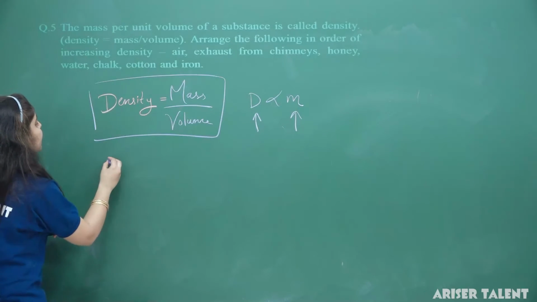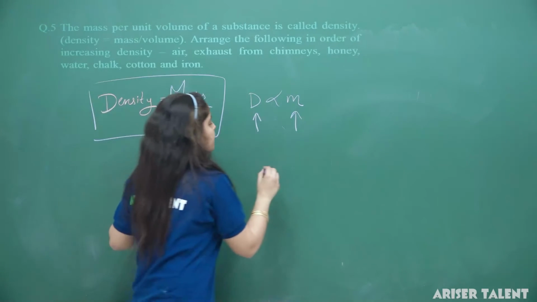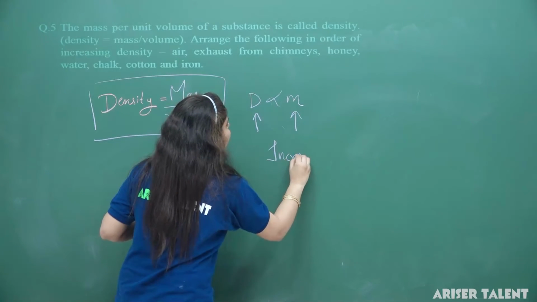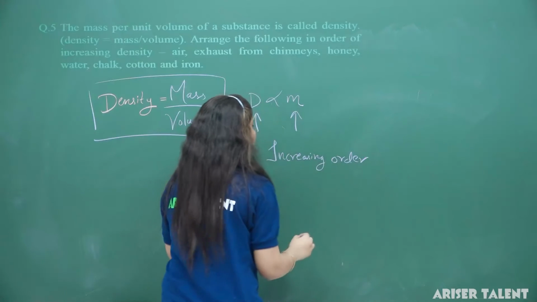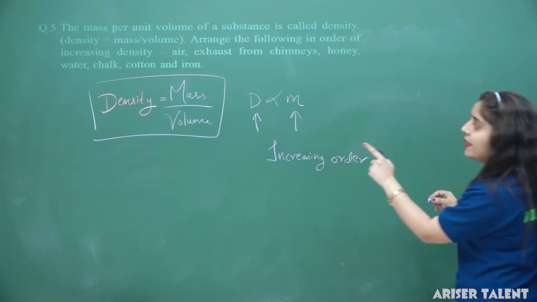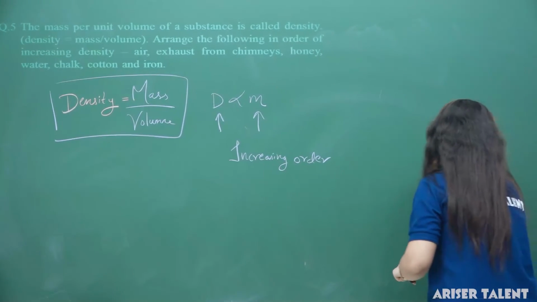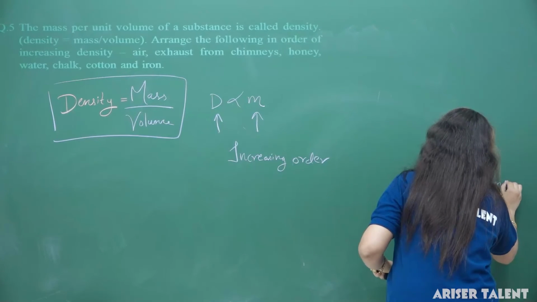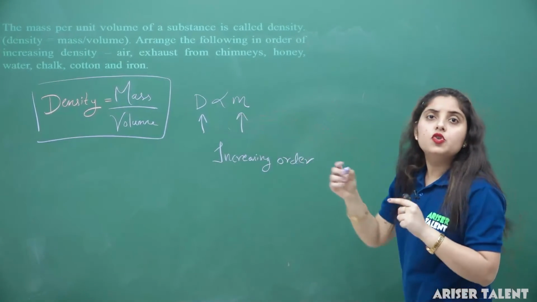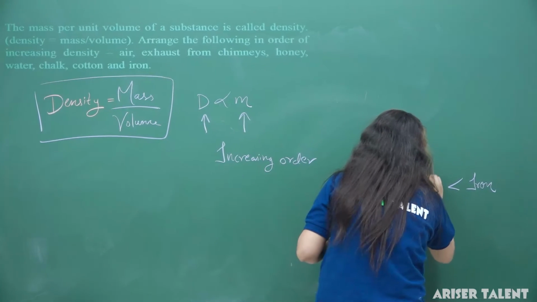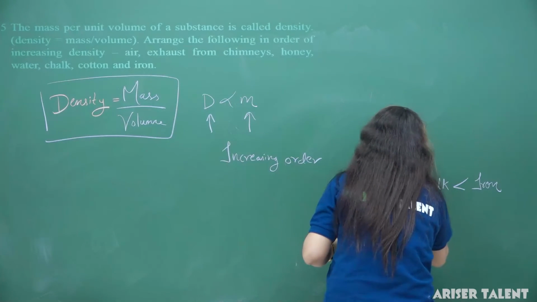Among all these, we are arranging in increasing order, so the compound having the highest density will be iron. Iron is more dense. Second, we are given chalk. Chalk is dense because it is a solid.